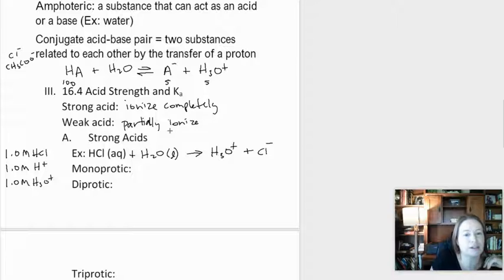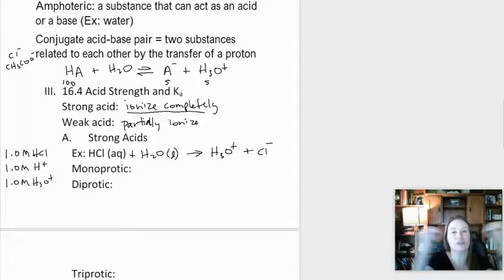H plus is just the lazy version of acids. So all of these are true. If you have 1 molar HCl, you have 1 molar H plus, you have 1 molar H3O plus. That's because it ionizes completely, so every HCl is going to separate into its ions.